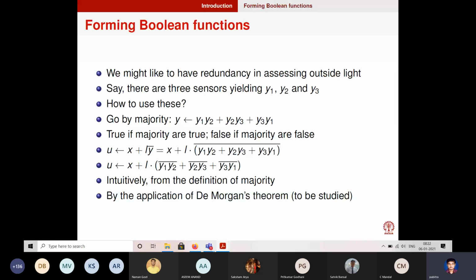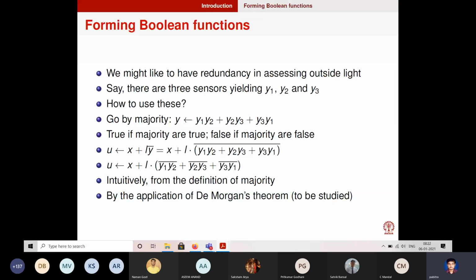And why are we considering such conversions of one expression to another expression? With the hope that by a series of such conversions, because as we have discussed in the last class, the expression that we come up with often depends on our thought process. How you visualize, how a designer comes up with a Boolean expression expressing a situation.